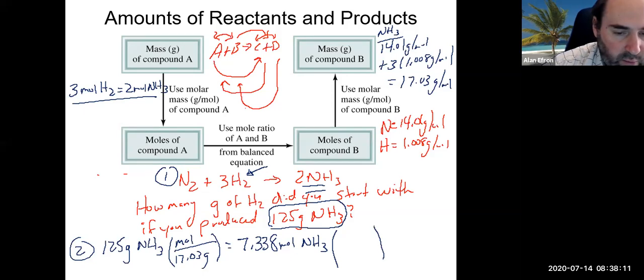Here we want to get rid of the NH3, so the NH3 is going to go on the bottom, just like a normal conversion. Opposites cancel. Up on top will be our 3 moles of H2. And if we do that, it looks like 11.01 moles of H2.